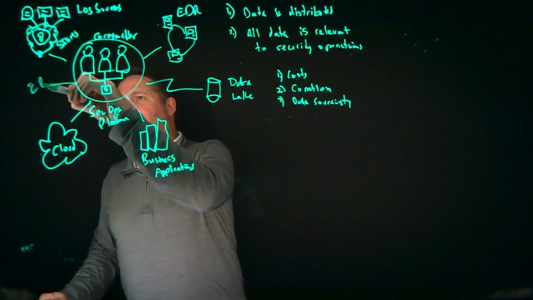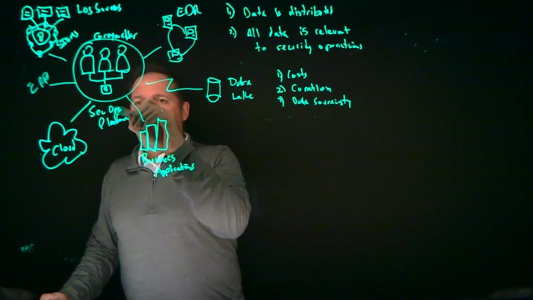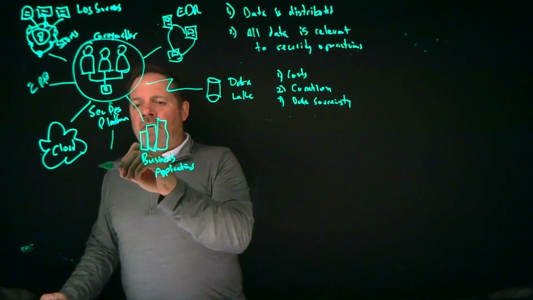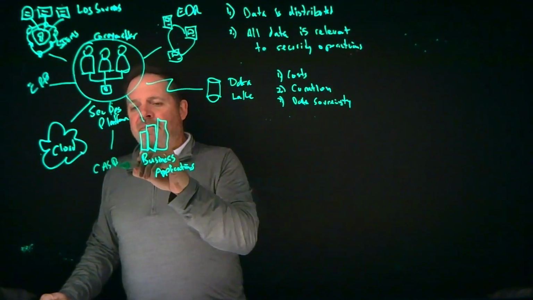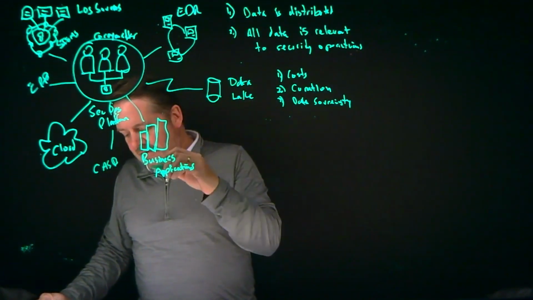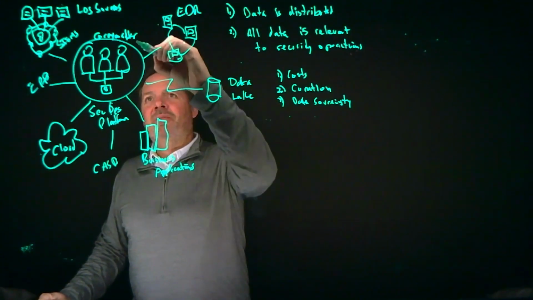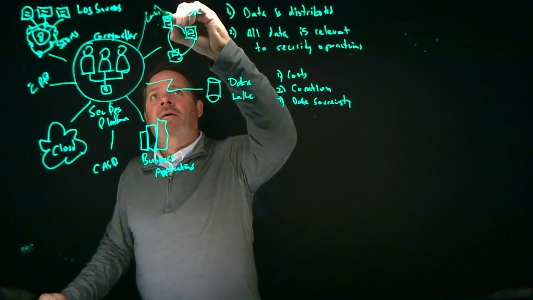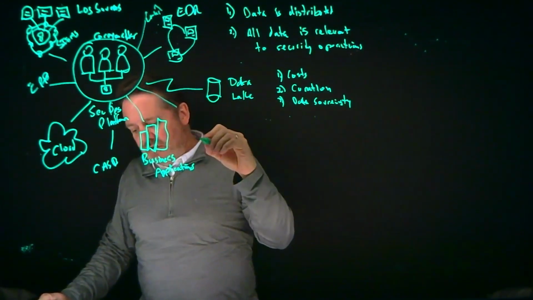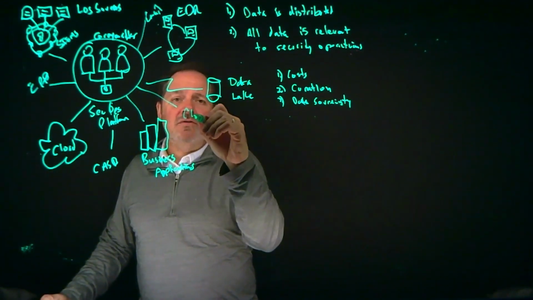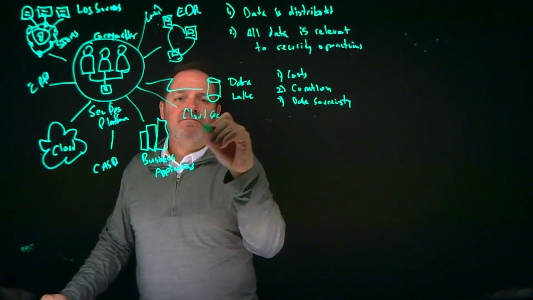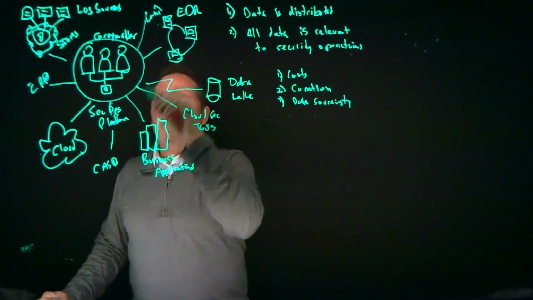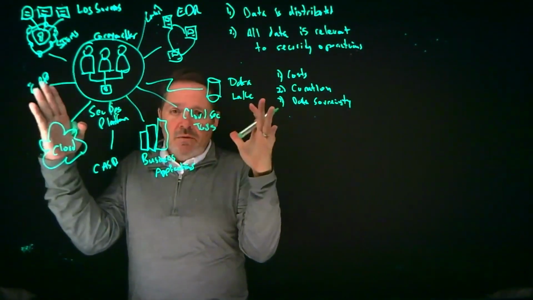If you have your endpoint protection platform, CASBs, whatever the latest alphabet soup solutions are. You could be integrating with your email security, obviously your business applications. It could be integrating with whatever cloud security tools you have. So this security operation platform integrates directly with all of those.